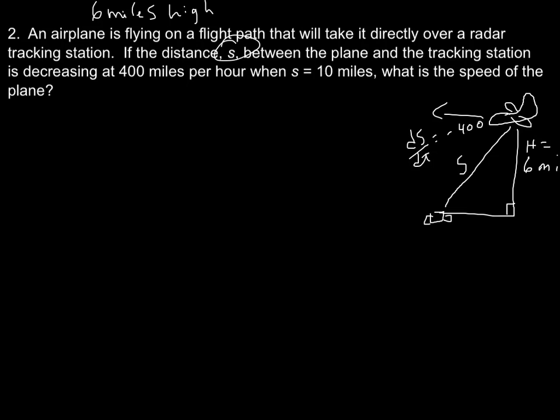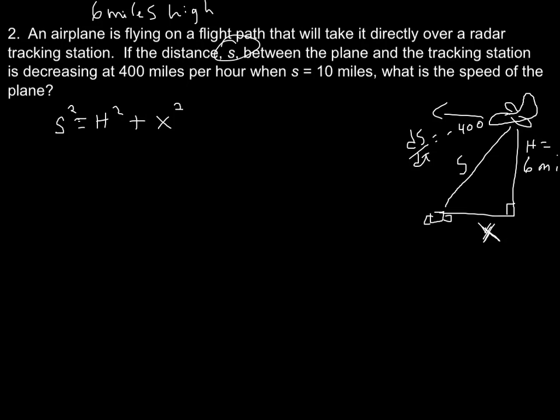Then we don't know where this point is right now, so I'm just going to label it X. Once again, it's a right triangle, so we are going to use our Pythagorean theorem. The hypotenuse is S, so S squared will equal the height squared plus that horizontal distance squared.